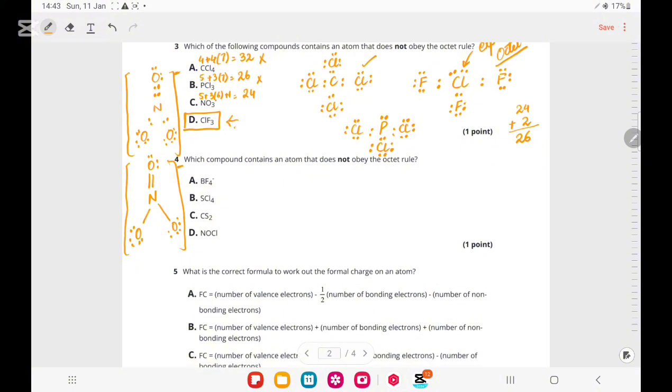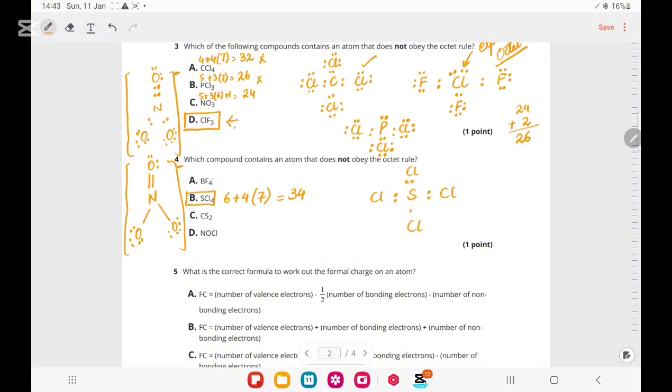So this is the one which doesn't follow it. For the next question, it is the same question as which compound does not follow the octet rule. So it is going to be SCl4, and why SCl4? Sulfur belongs to group 6 having 6 electrons, chlorine belongs to group 7 having 7 electrons. So this one would become 6 plus 28, that becomes 34. So sulfur is like this, chlorine, chlorine, chlorine, chlorine, having bond pairs first.